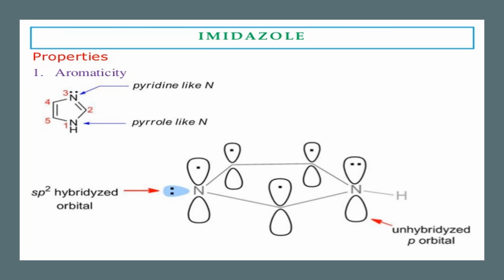Whereas the saturated nitrogen acts as a pyrrole-type nitrogen, where its lone pair of electrons is involved in the aromaticity. So the lone pair of electrons of the NH, that is the saturated nitrogen, is in the unhybridized p orbital, which gets conjugated with the other electrons.